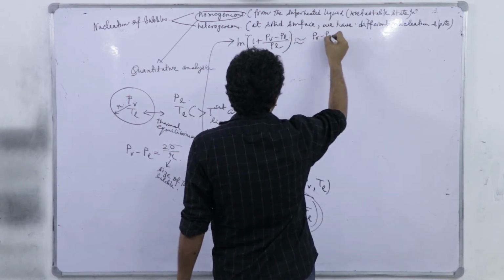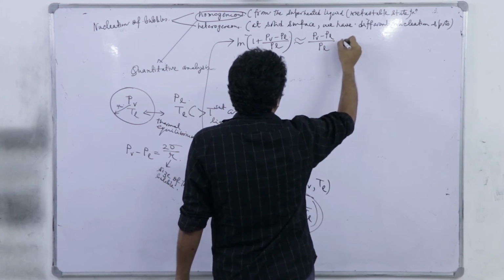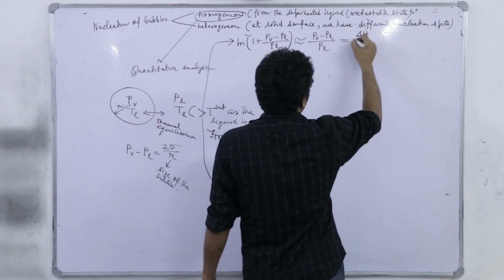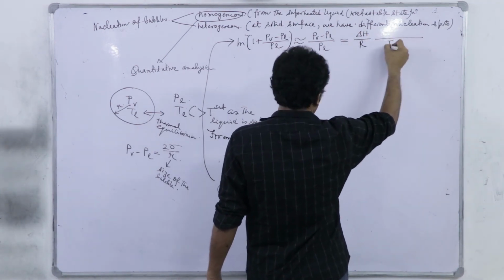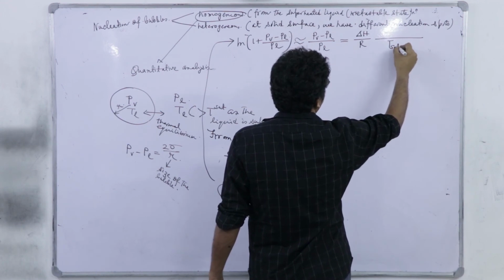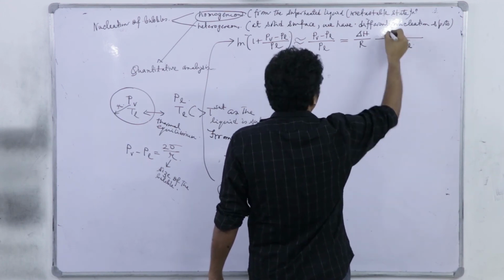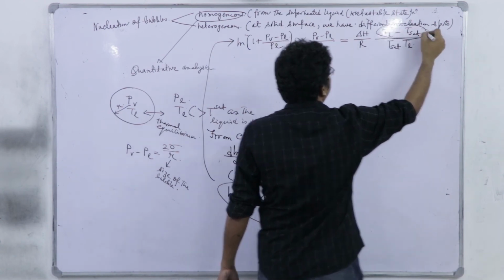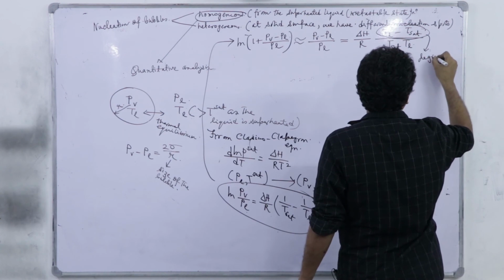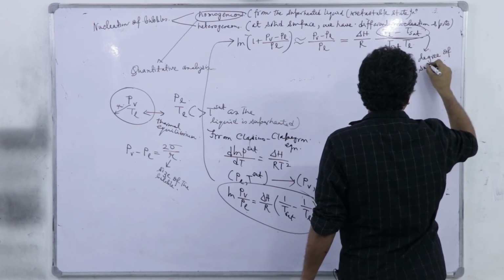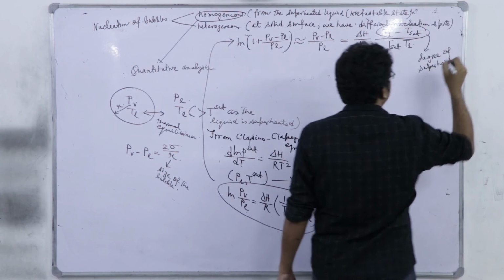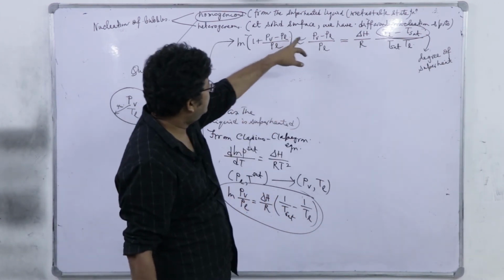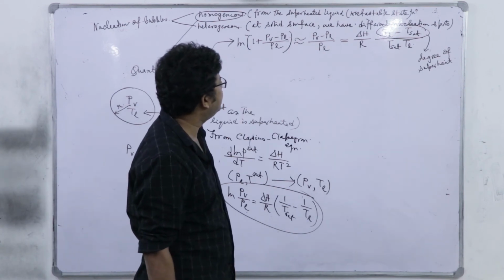That is PV minus PL divided by PL, and that is equal to delta H divided by R. In the denominator we have T sat into TL, and in the numerator TL minus T sat. So that is the degree of superheat.